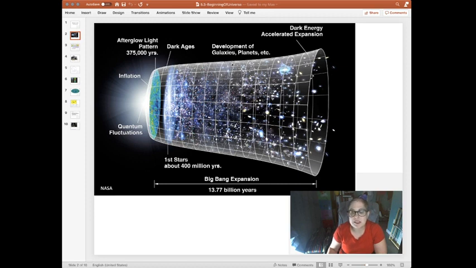And then expansion continues, and then you actually see expansion accelerating in more recent times. So it wasn't necessarily always accelerating its expansion. That seems to be taking over in the present time. So this expansion of the universe is one big piece of observational evidence that things started from this particular singularity.